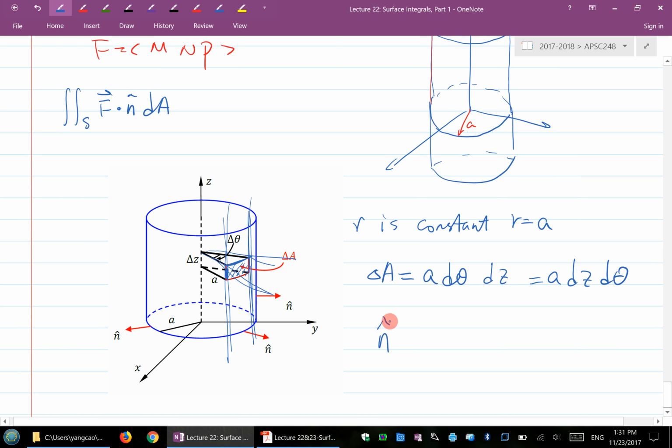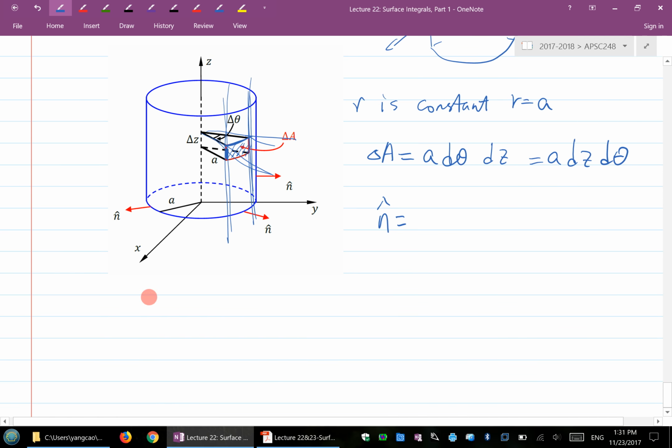And n hat is a vector again. It's a vector normal to the cylindrical surface. Now if I look at it from the top, what do I see? We see a circle, isn't it? What will be a vector perpendicular to the circle?